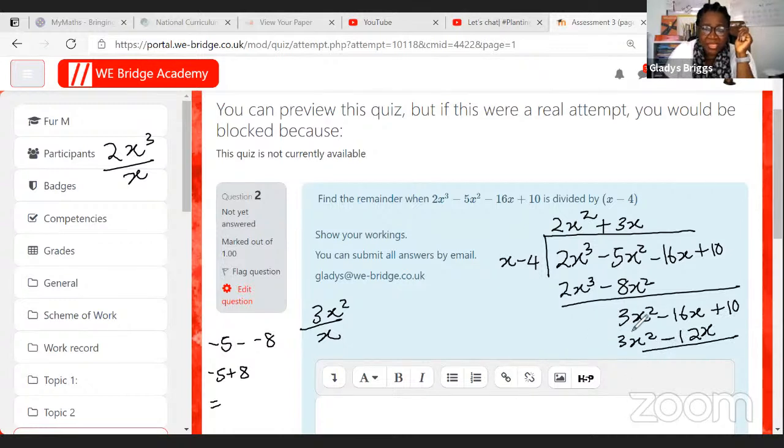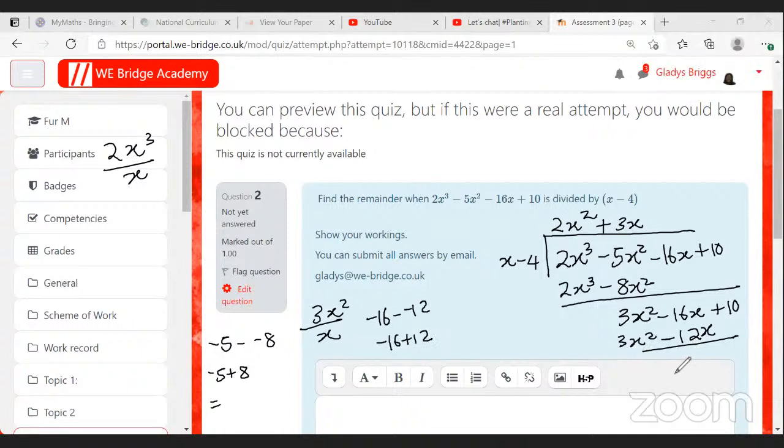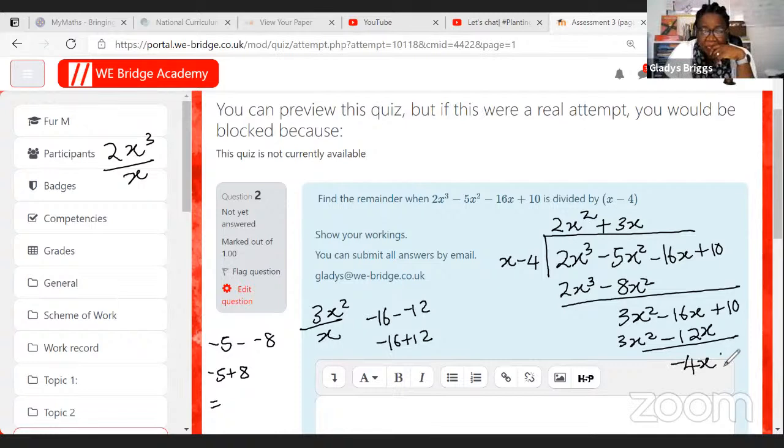Yeah, we subtract. Minus 16 minus minus 12 is minus 16 plus 12, which is what? Minus 4. Minus 4x plus 10. Okay, good. Well done.